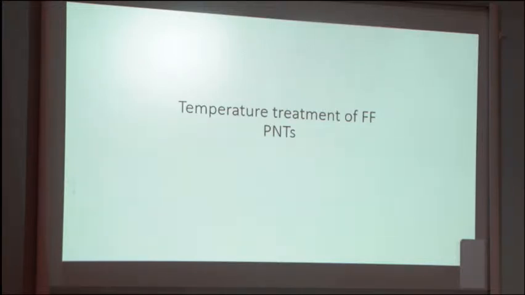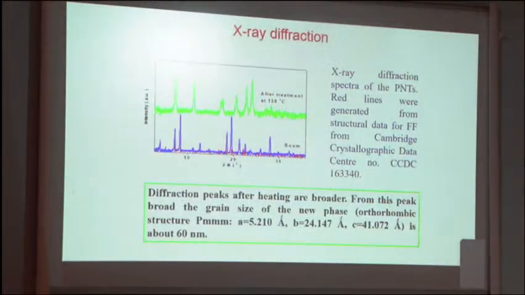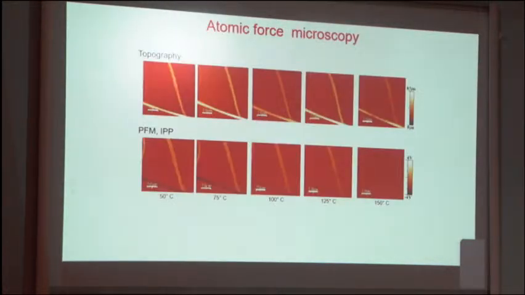But for organics, very often the phase transition is below 200 Celsius. In dipeptide tubes, we have a phase transition at about 150 Celsius. This is a structural phase transition to a new structure, and you see when we heat, the piezo response completely disappears because it transforms into another phase.